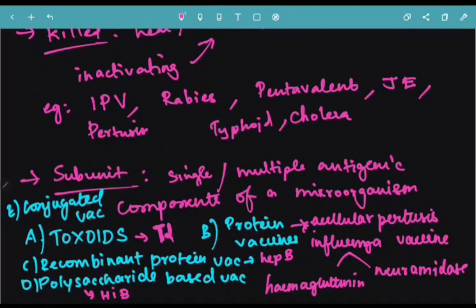Now next is conjugated vaccine. Conjugated vaccines are for children under 2 years of age. Children under 2 years of age do not respond well to antigens such as polysaccharides.